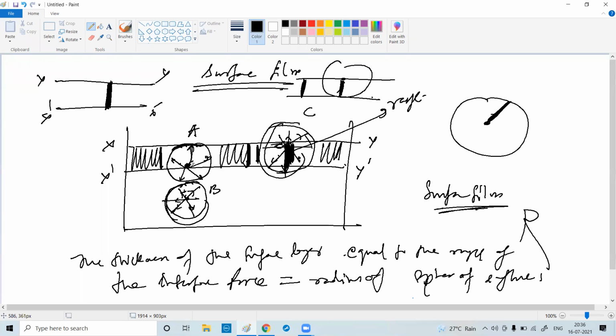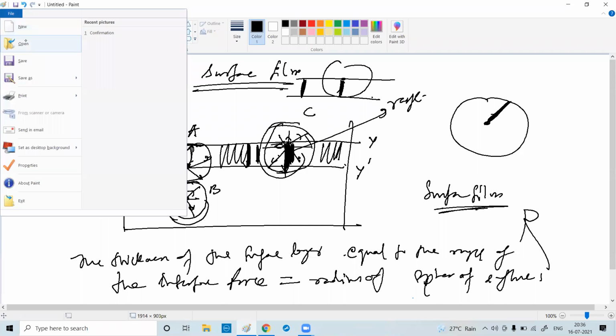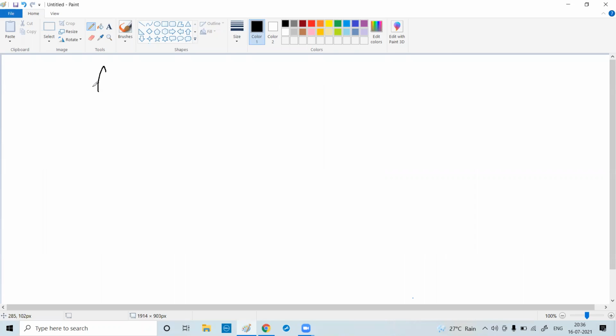We'll come to that. But before that, the next topic is called free surface of liquid. What is this? The free surface of liquid is nothing but the surface which does not experience any kind of stress.